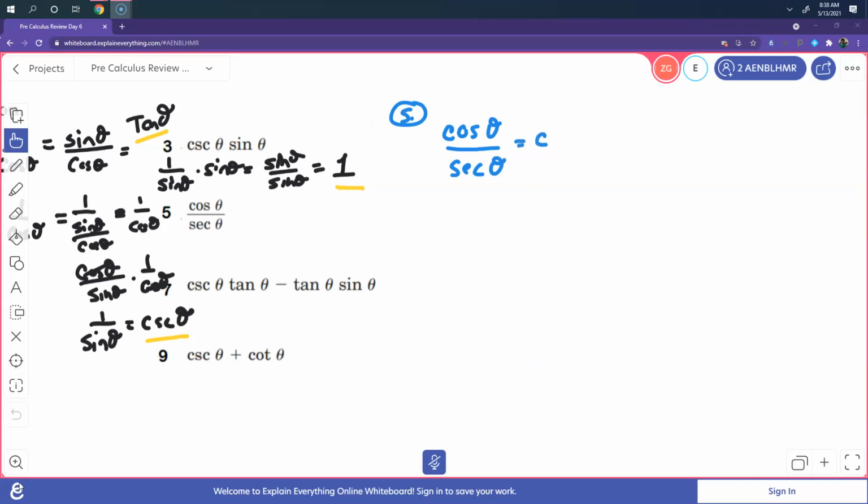Remember that we have cosine theta times 1 over secant theta. Now 1 over secant theta is cosine theta. So it's cosine theta times cosine theta, which is cosine squared theta. So that's what it's going to be for number 5.